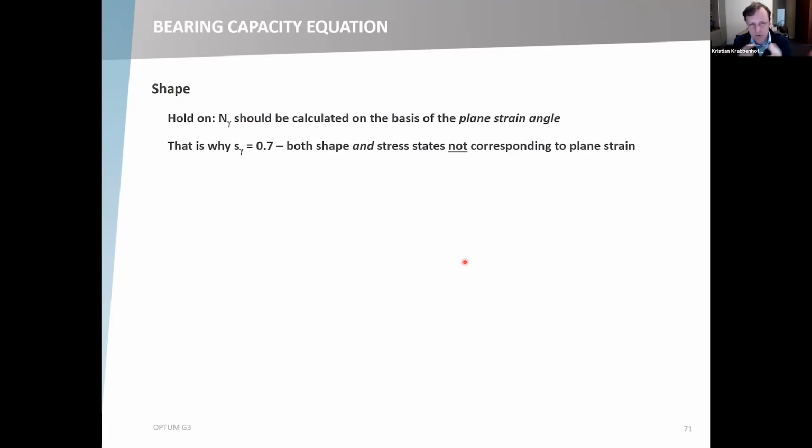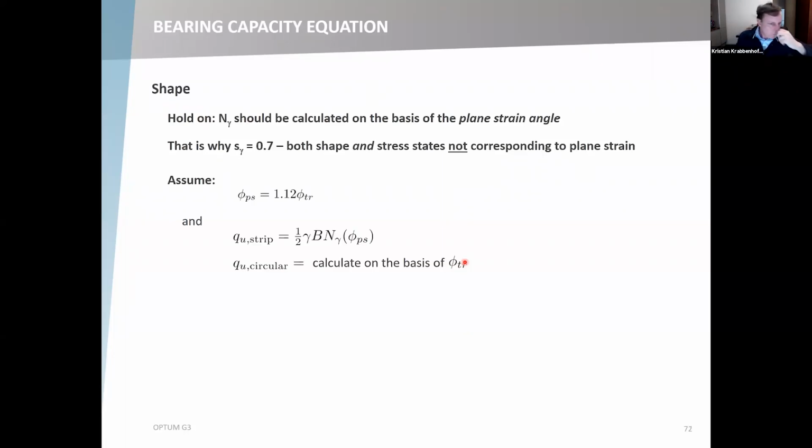And then when you move to situations that are not plane strain, for example 3D, the shape factor is meant to take two things into account: both the shape itself and also the fact that you have stress states not corresponding to plane strain. So that is the reason these people would say that the shape factor is somewhat smaller than you would expect on the basis of the kind of analysis I just showed.